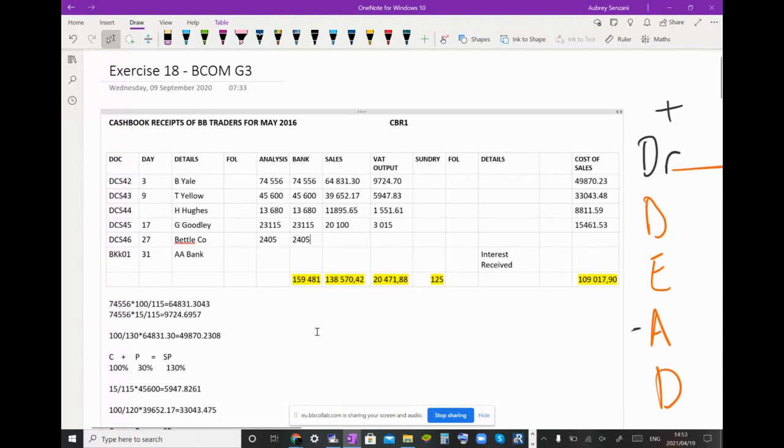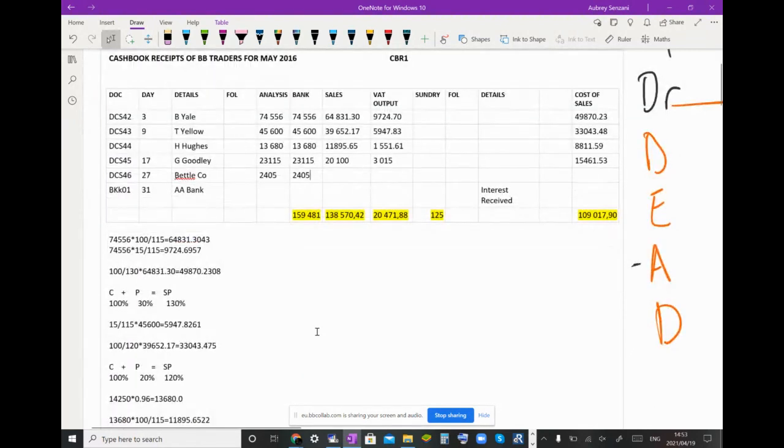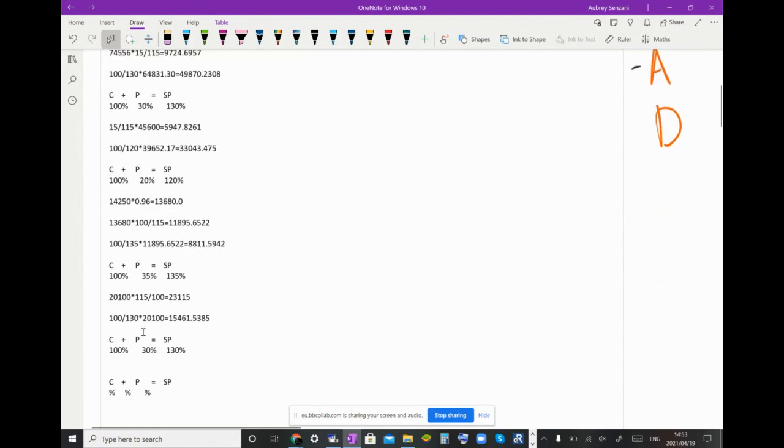But then we need that exclusive amount. So what we need to do is to say, okay, this 2,405 times 100 divided by 115.